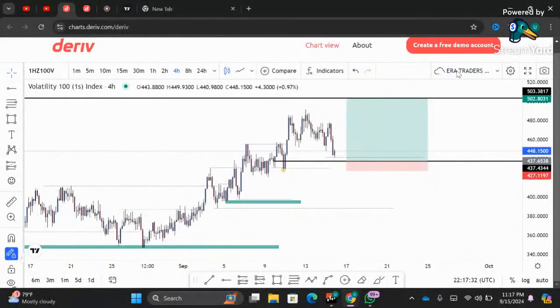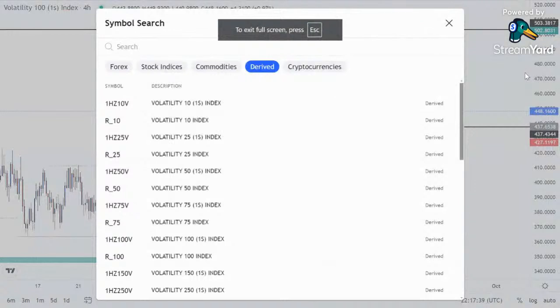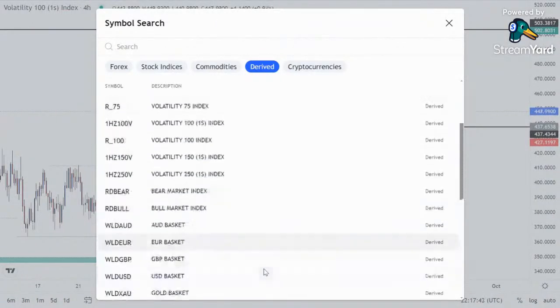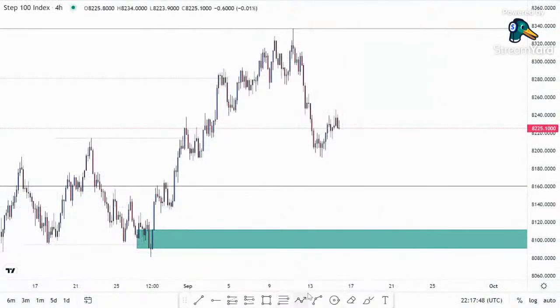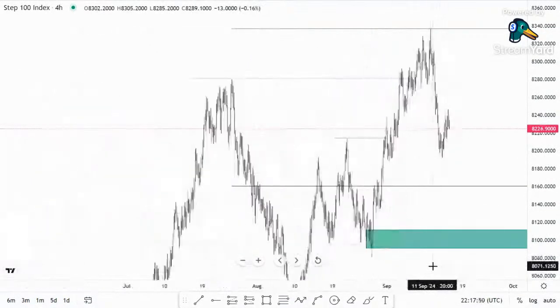If I can get a tool that can help me backtest volatility, oh my God, I'll be so happy. I think stepping this, I'm seeing something.